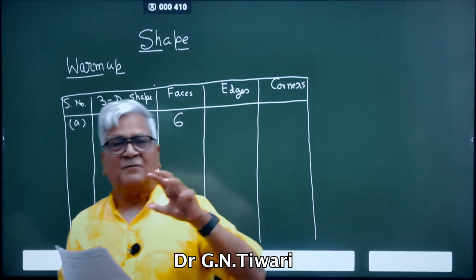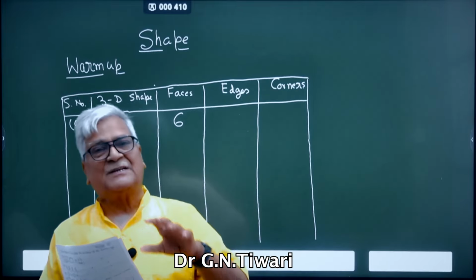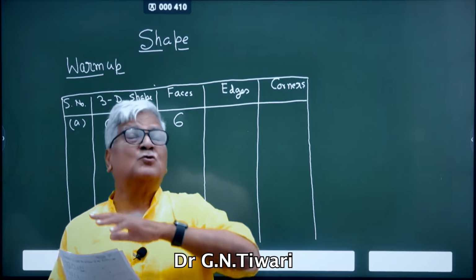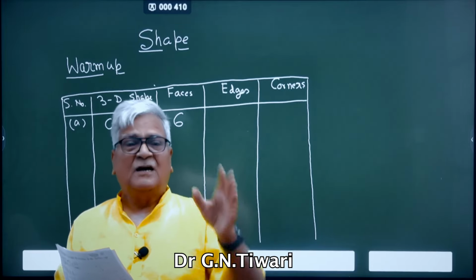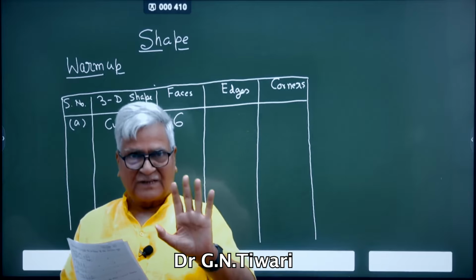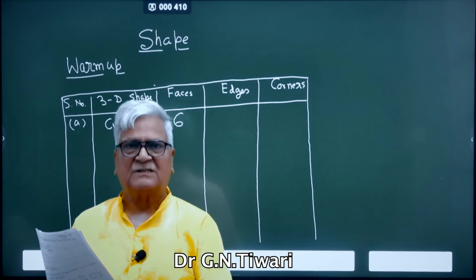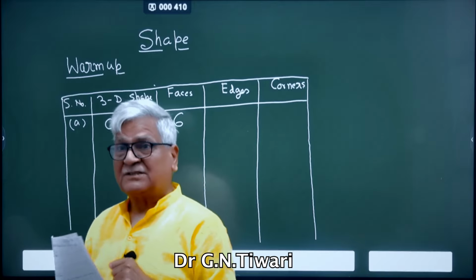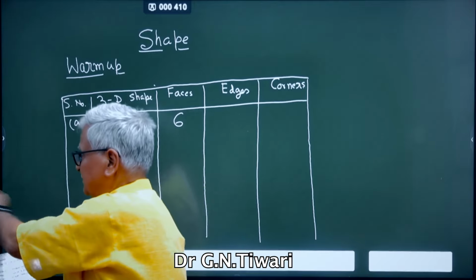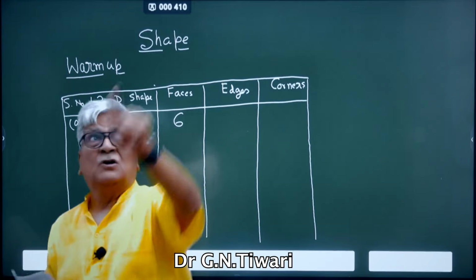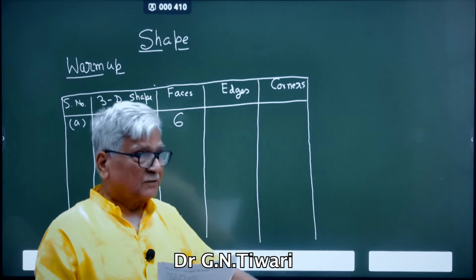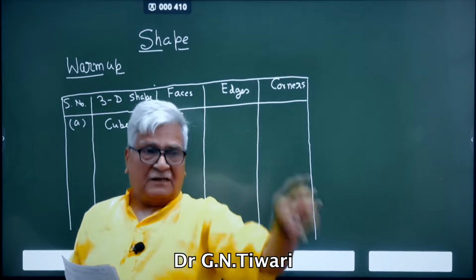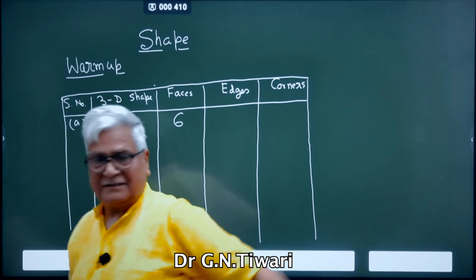Some definitions can be explained on the basis of an experiment, so I'm just doing the experiment. This is the cuboid. 4 walls, 4 faces, roof 5th, floor 6. So 6 faces. And corners, just say 1, 2, 3, 4, then 5, 6, 7, 8, 9, 10, 11, 12.